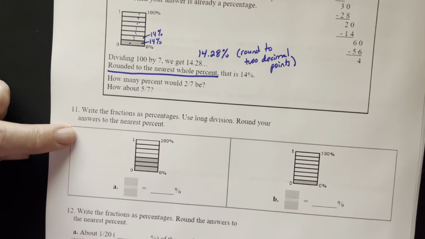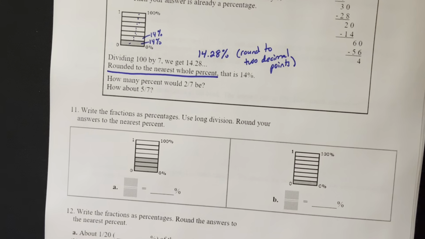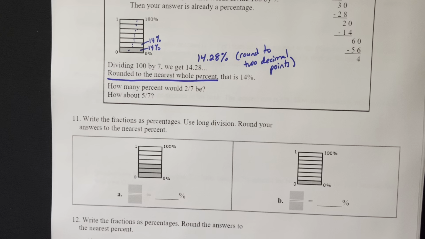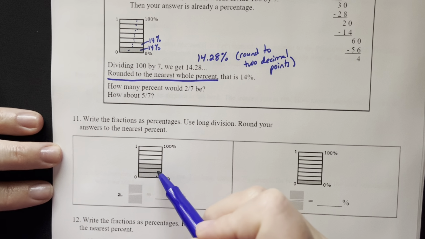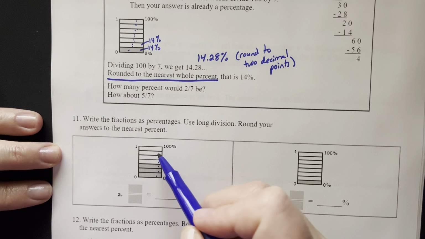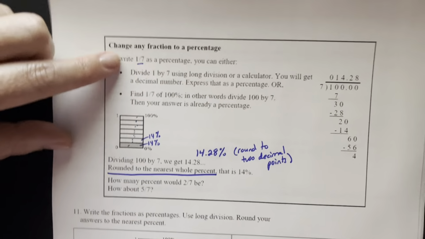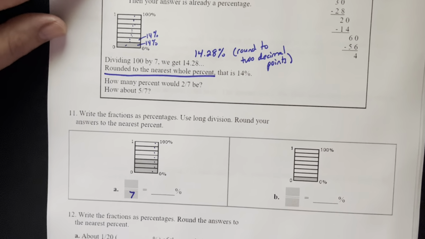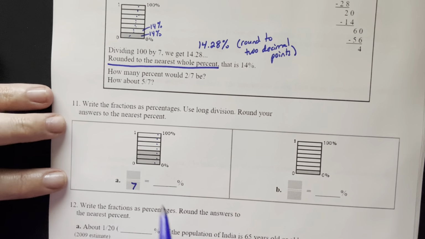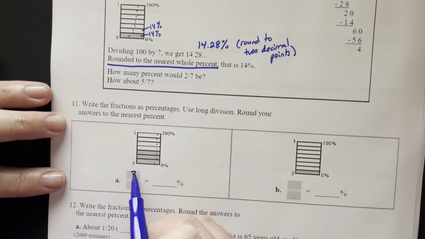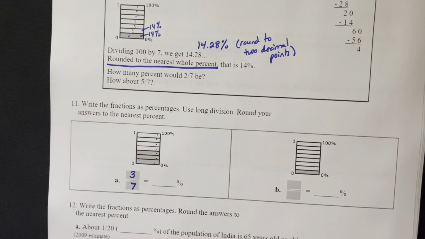So let's take a look at these. So the first thing we need to do is decide how many pieces the whole is broken into. So in this case, it's 1, 2, 3, 4, 5, 6, 7. So we're still in sevenths, just like the example problem. But this time, 3 of the sectors are shaded.